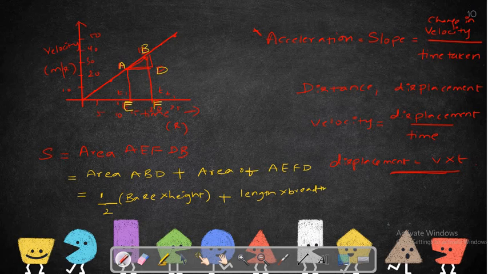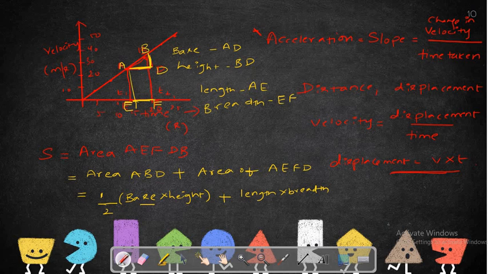Now we need to find what is the base. Here I will write the base is AD, right? Base is AD, and what is the height? I need to consider height as BD. Next, for the rectangle, what is the length here? I need to consider length as AE, and what is the breadth? That is EF.